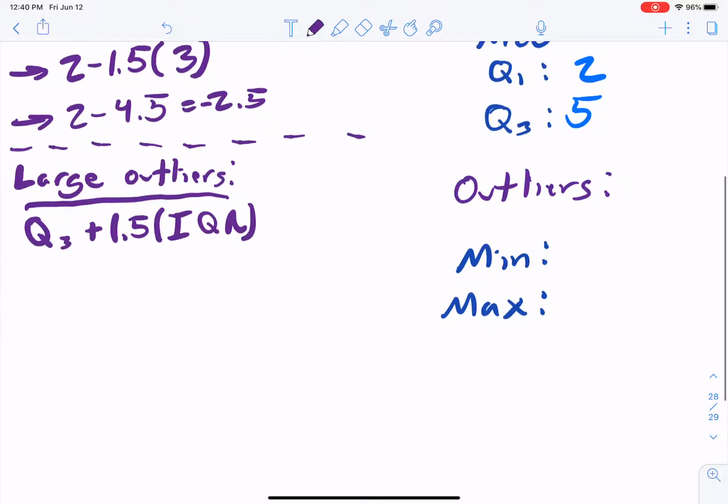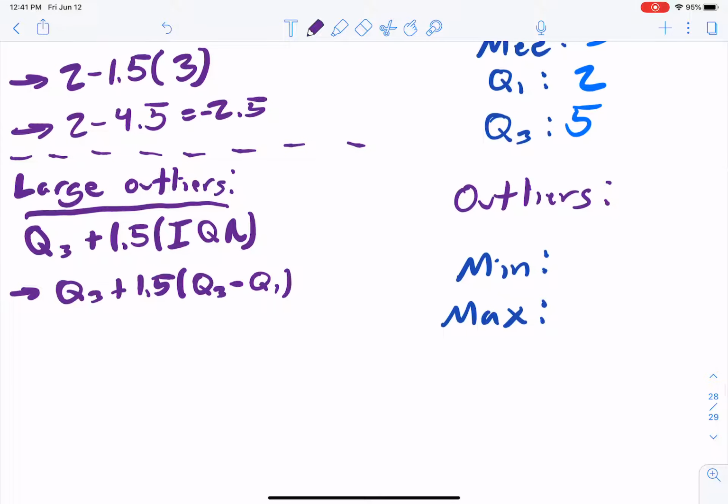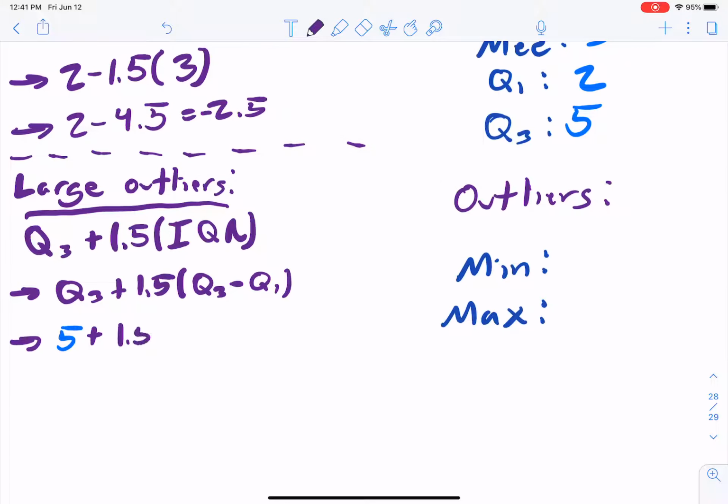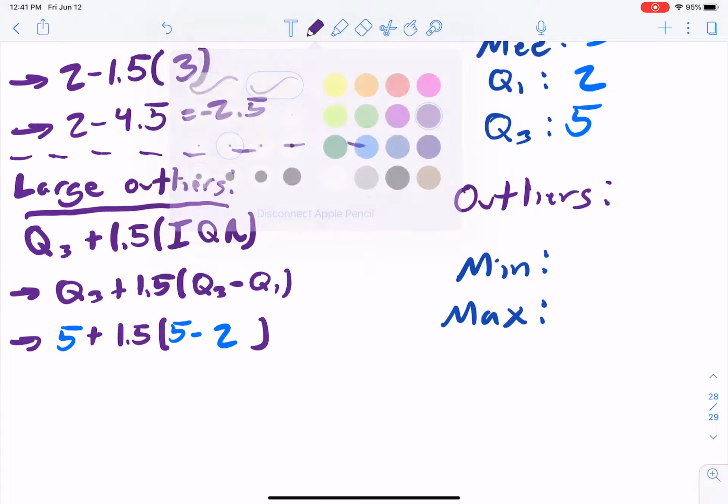So we'll rewrite that out as Q3 plus 1.5, and then Q3 minus Q1. And then what that looks like is 5 plus 1.5, and then 5 minus 2, again same values, right?